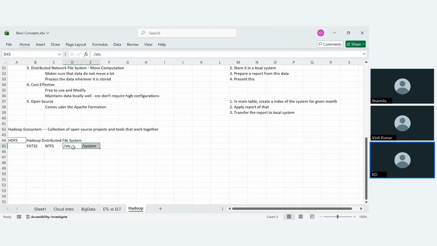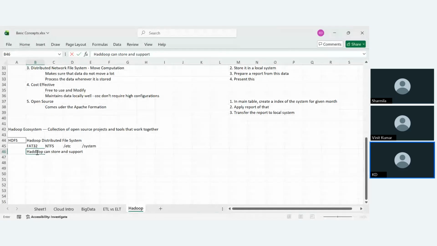So the Hadoop distributed file system is capable of handling all these file systems together. Means some are for Windows and some are for Linux, and Hadoop follows the combination of all of these. Because of that, Hadoop can store and support data from a variety of file systems at the same time.